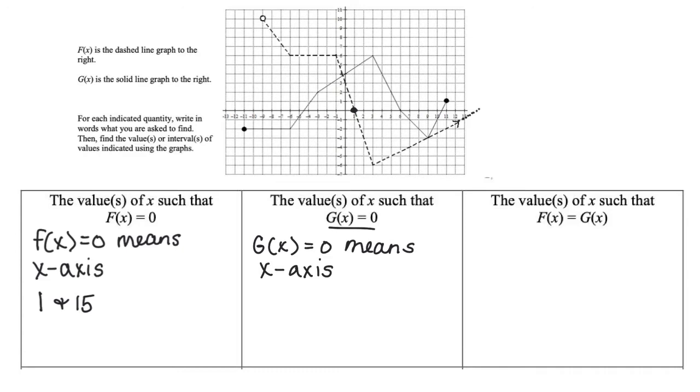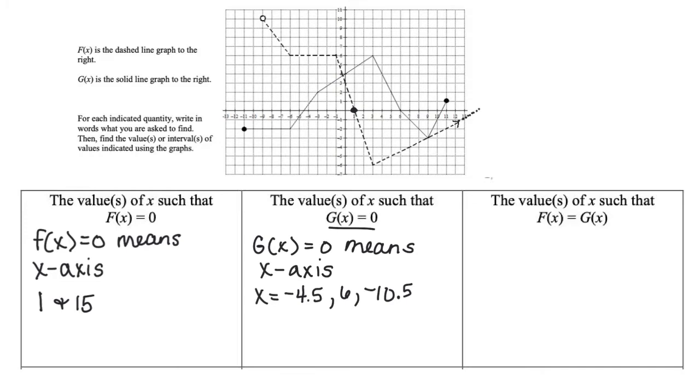Let's see, that looks like a -4.5. So x could be -4.5. Let's see, the next one looks like it's going to be 6. And on over, it looks like -10.5 for that one.